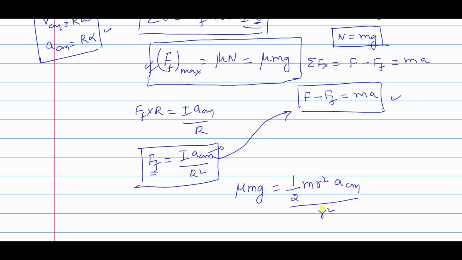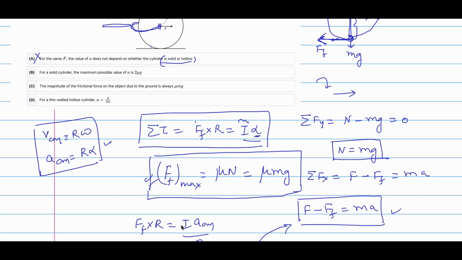Basically we can write this as capital R, it doesn't matter. So these two will cancel out, the mass and mass will cancel out, and A center of mass will be equal to 2 mu g. So the statement is correct, because for a solid cylinder the maximum possible value of A is this. ये maximum value possible है इसकी.